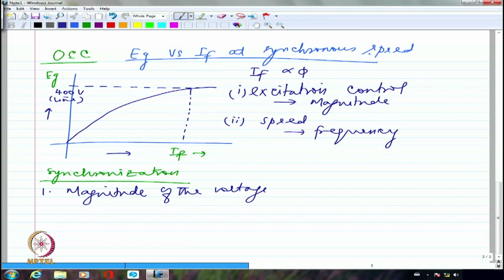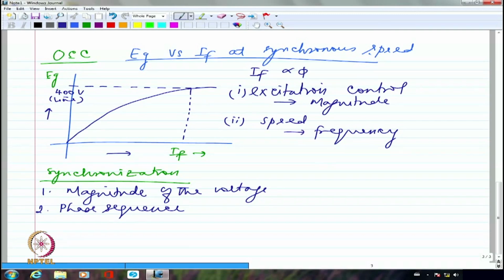The second one I will check is phase sequence. I hope you understand what I mean by phase sequence. I may be generating ABC in my generator, maybe the grid is in ACB, or what I am thinking is my B may actually be C, and what I am thinking is C may actually be B.